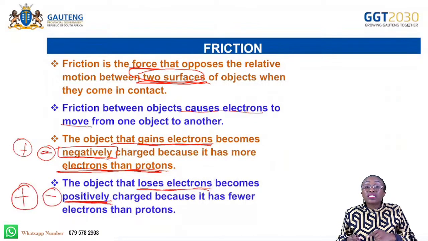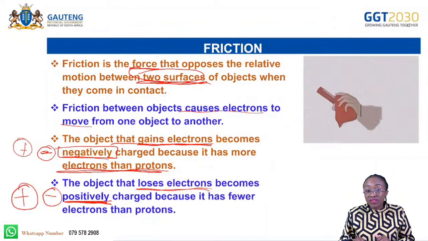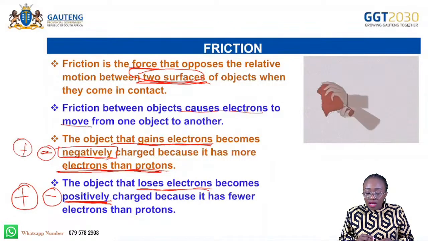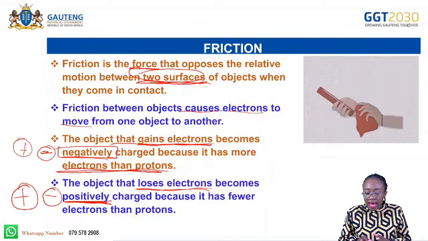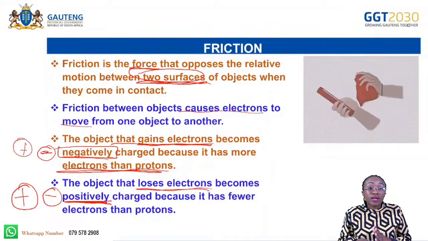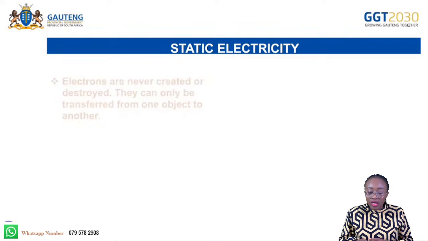So the object that loses electrons becomes positively charged. Here we have a typical example of friction, where we've got a ruler and a cloth rubbing against each other. One loses electrons and the other one gains those electrons that would have been lost.